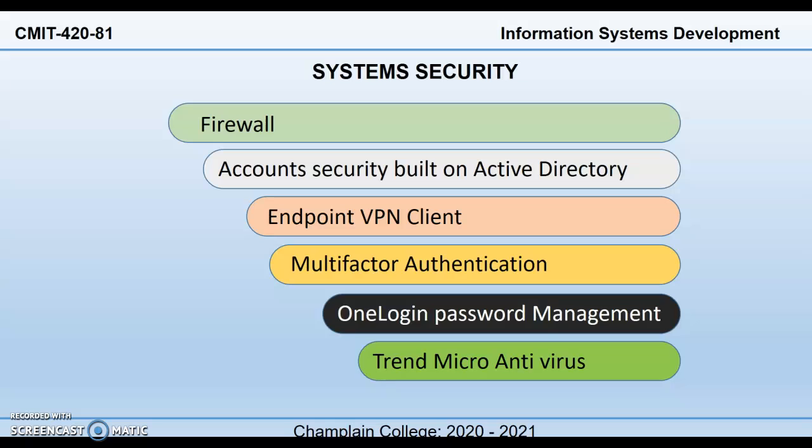We also have the multi-factor authentication we use when we connect to any cloud-based interface that we use. And we have one login password management, which is a password management we use so that we don't have to type or save our passwords on a piece of paper, which is a risk. And we also have a Trend Micro we use as an antivirus.